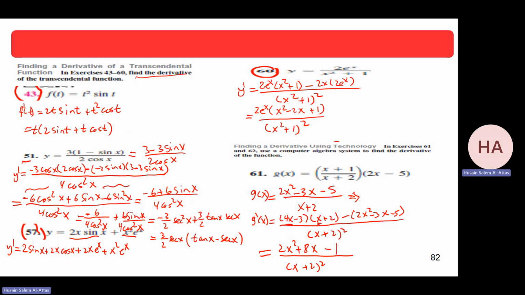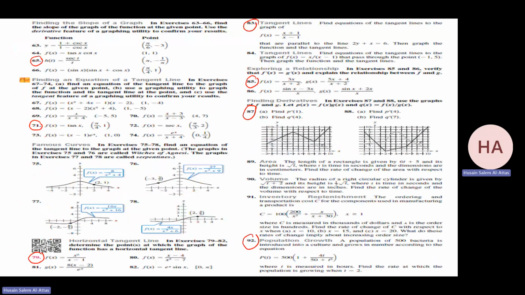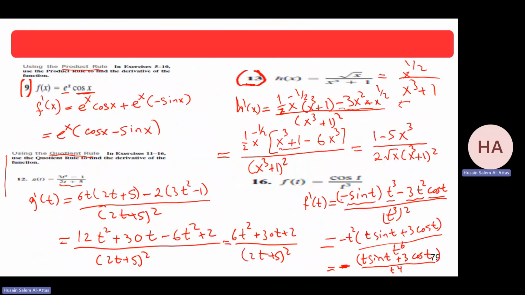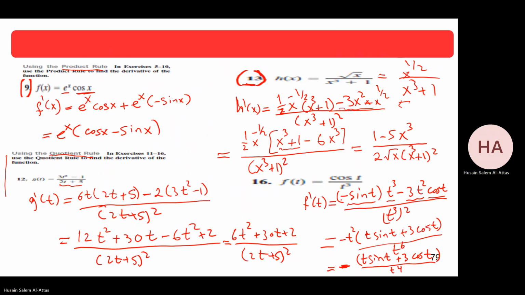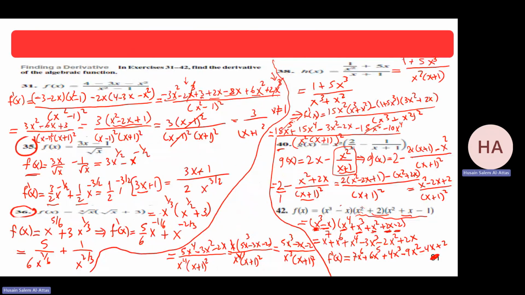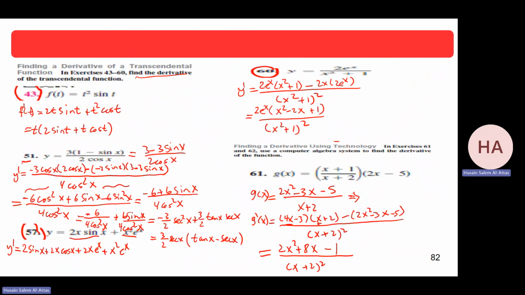Okay. So this covers most of the problems in the first page of this part. Most of the ideas are just simply applying the rules. It's just calculation you need to be careful with.